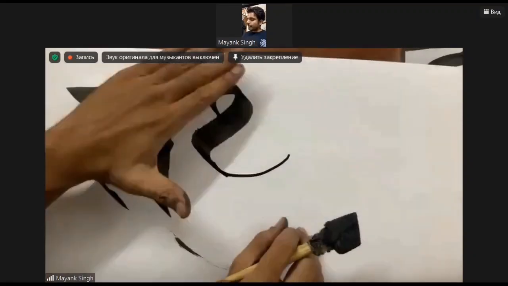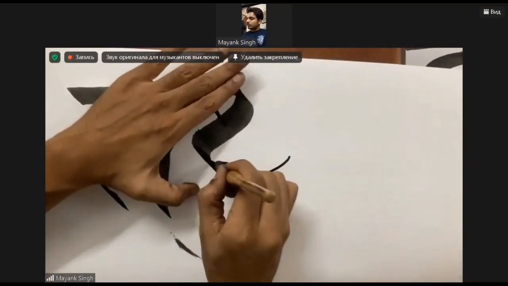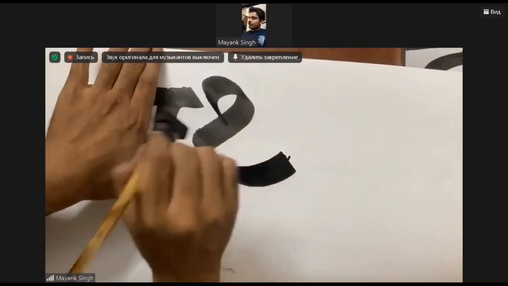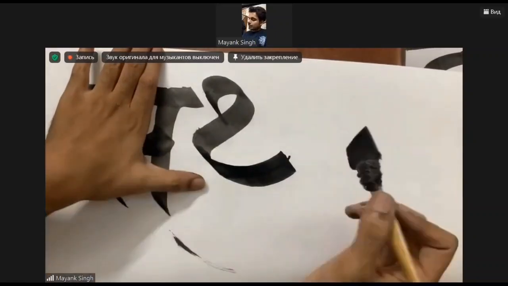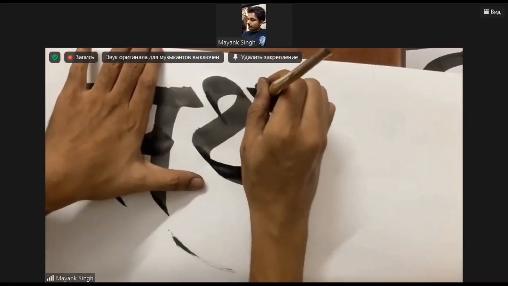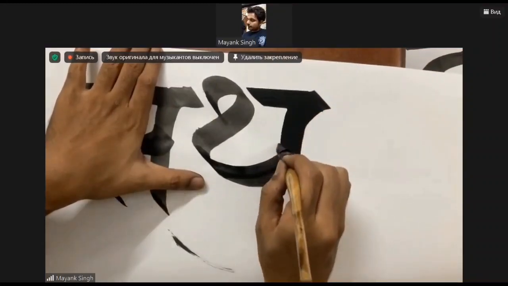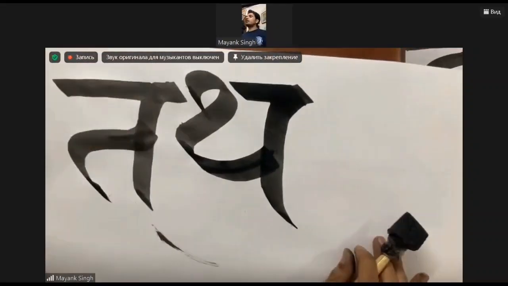It's almost like Ta. If I hide this, this is almost like Ta. And then if you add this on top of it, it becomes Tha. And then Shiro Rekha is here. So this is how it should be.